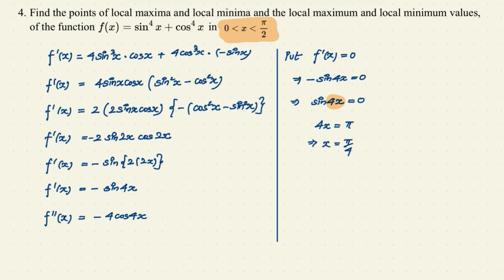Now let us put this critical point in f''(x). Therefore f''(pi by 4) will be equal to minus 4 cos 4 into pi by 4. So 4 and 4 got cancelled, and we know that cos pi is minus 1.